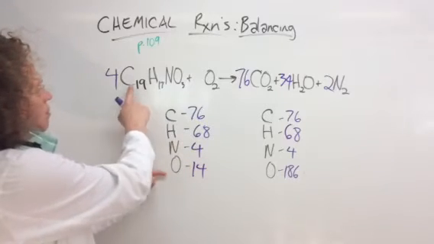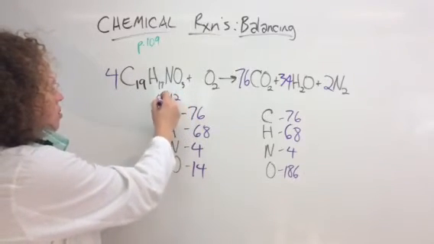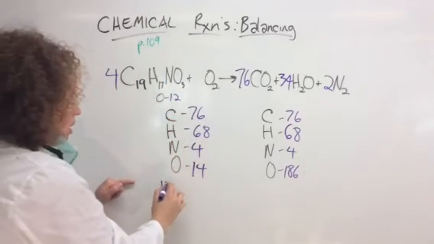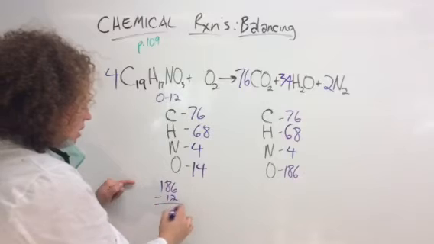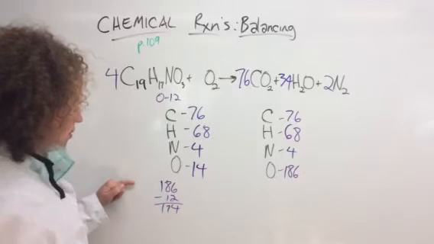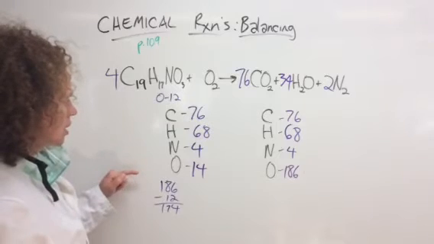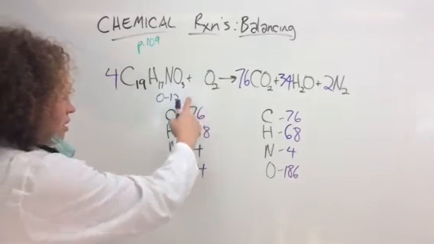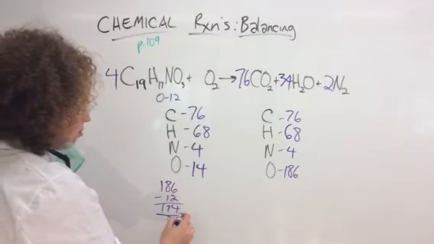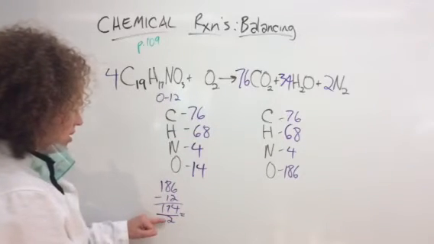Now, remembering that I have 4 O3s here, that's 12 oxygens in this molecule. So 186 minus 12 is going to get me 174. I need 174 oxygens in here, but it's O2. So I'm going to have to divide 174 by 2 and figure out what that is.